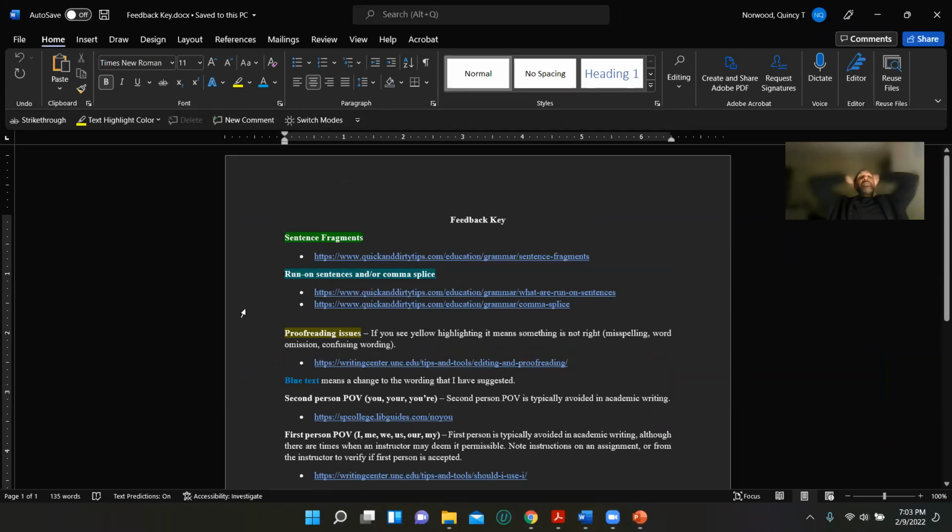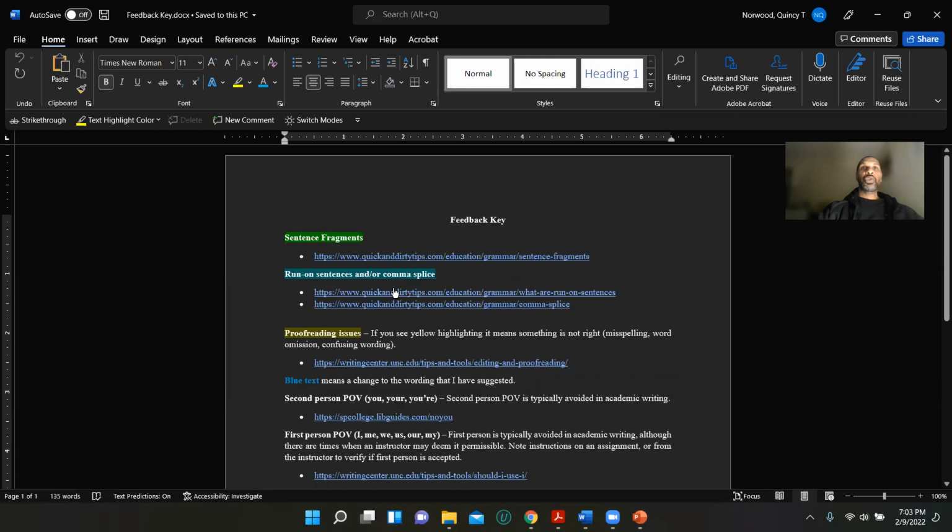One of the things about this feedback key is this: if you're struggling with run-ons and comma splices, you have your textbook, of course, but I use this website. It's called Quick and Dirty Tips, or Grammar Girl.